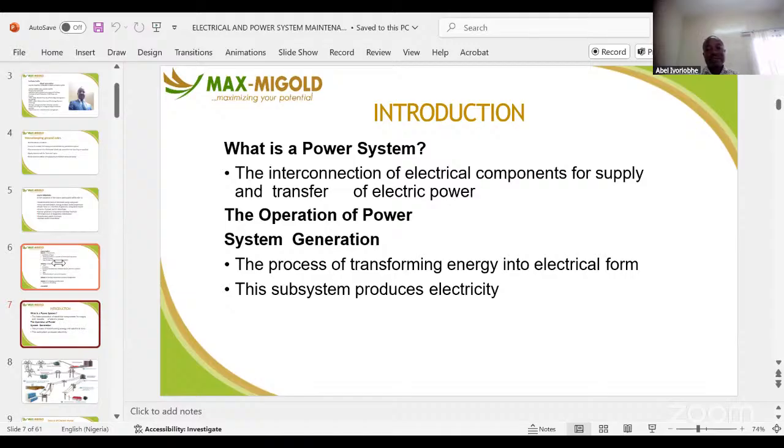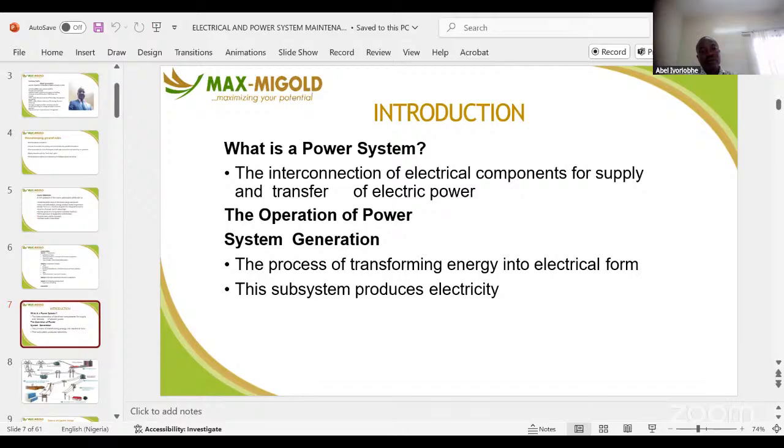What is a power system? The interconnection of electrical components for supply and transfer of electric power. What this means is that where you are generating your power from may not be where it is needed for consumption.